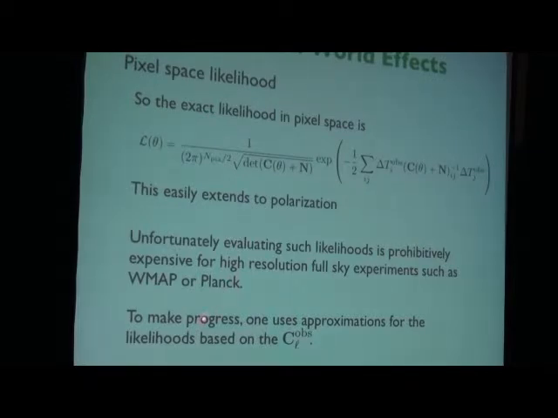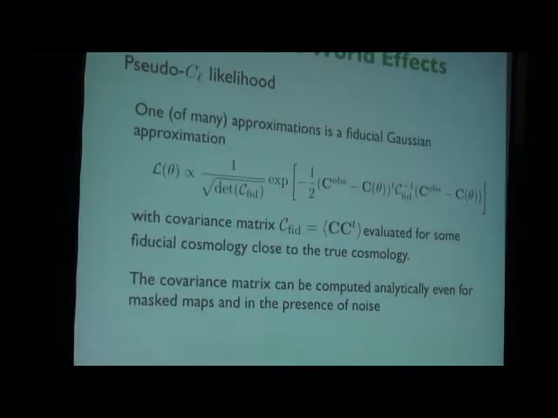So what one does to make progress is to use approximations for the likelihoods that are based on the CLs themselves to some extent. There are really many approximations, as you can imagine. Everyone who works on it comes up with a slightly different, slightly better approximation to the likelihood.